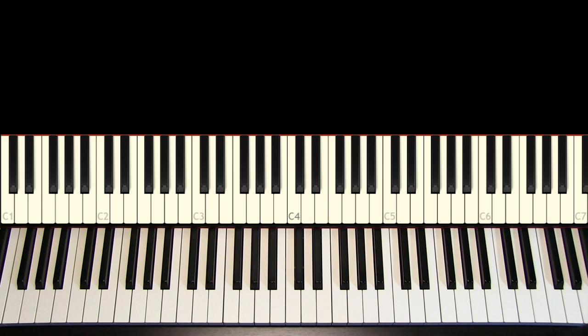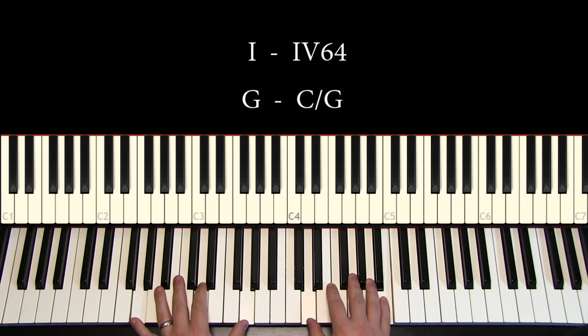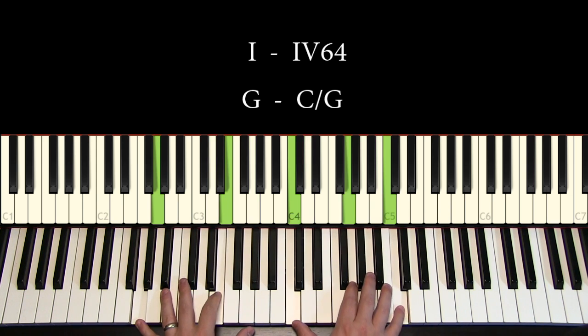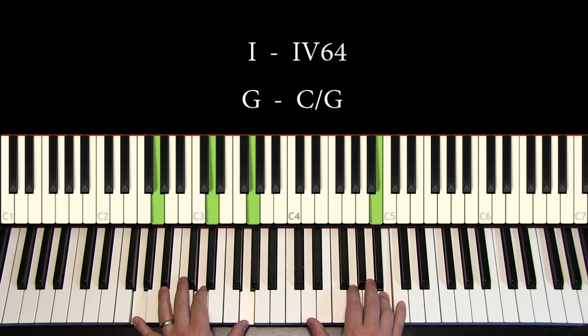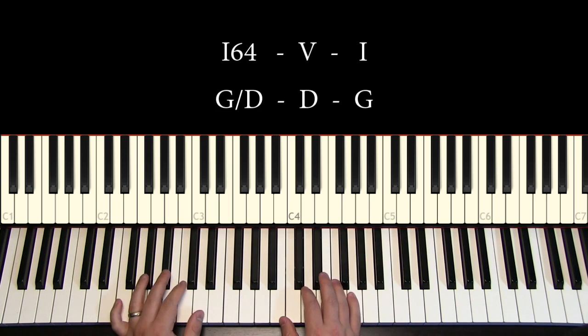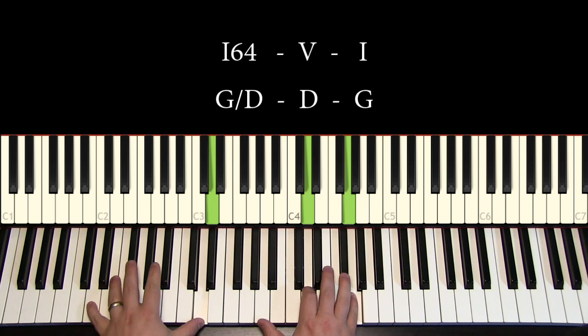Okay, here's the key of G. So here's the 1 chord. Here's the 4, 6, 4, the C. Now let's play a 1, 6, 4 to a 5 to a 1.